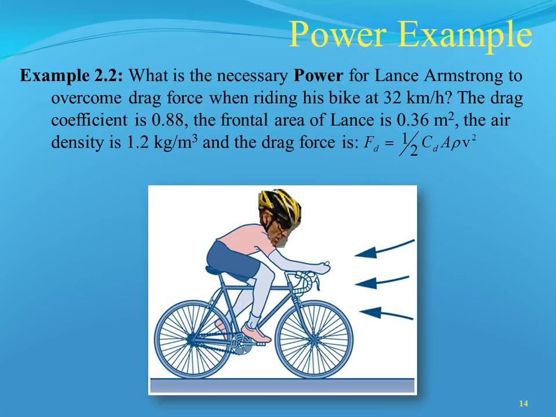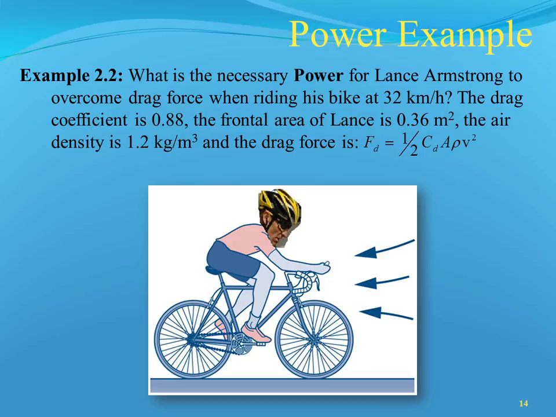Okay, so here's an example problem, a simple example looking at force and how that can be applied to the power, in this case the power necessary to overcome drag forces due to air. Here you can see this very detailed drawing of Lance Armstrong, and we're asked to find the necessary power for Lance Armstrong to overcome the drag force when riding his bike at a velocity of 32 kilometers per hour.